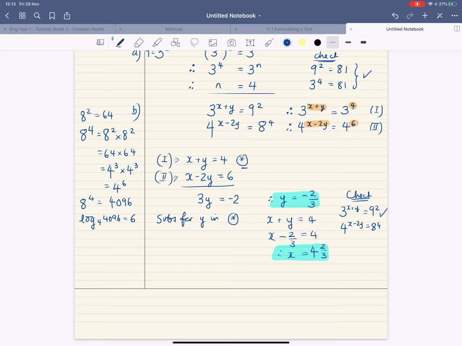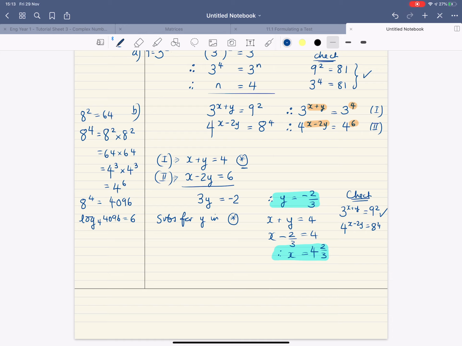And then clear, and then 4 to the power, and it's x minus 2y. So again, it's 4 and 2/3 minus 2 times minus 2/3. 4096, and 8 to the power 4.